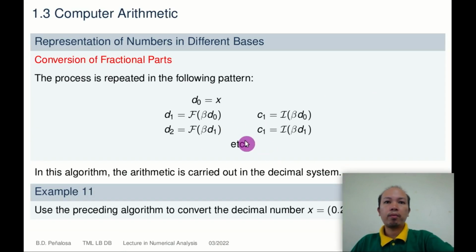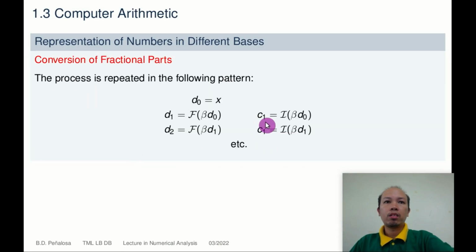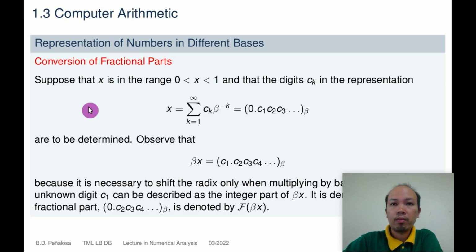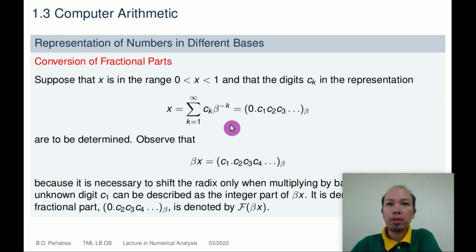So this is the method on how to convert a given number to its beta representation.